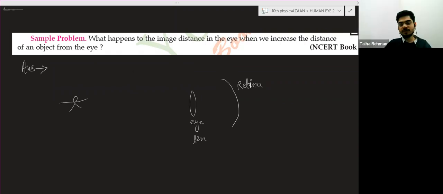There will be no change because this distance is the image distance, no? This distance is the image distance v. So this v will always remain the same. No matter where the object is, the image distance will always be the same. So no need to write down this.